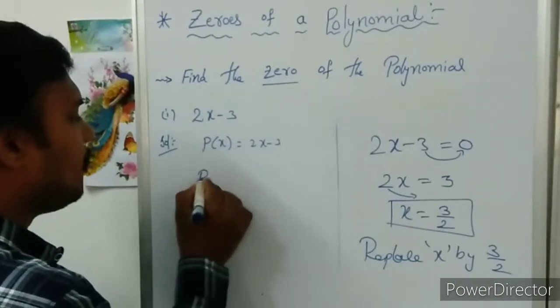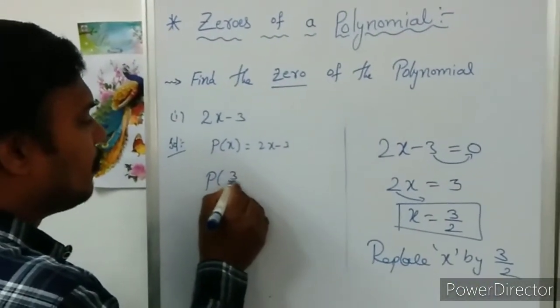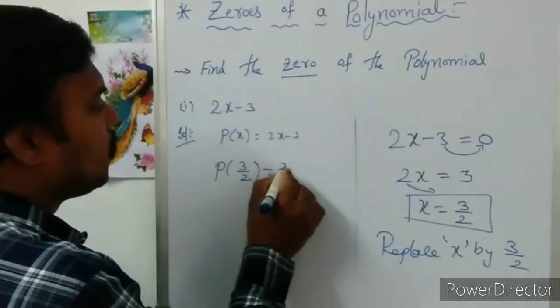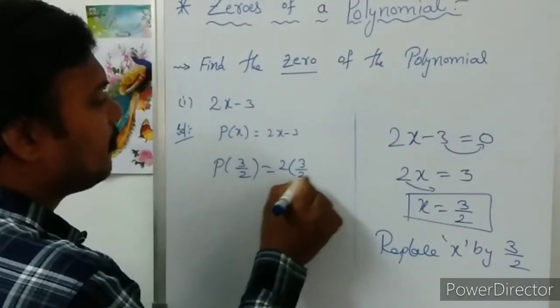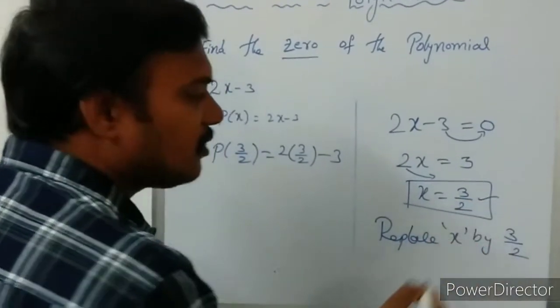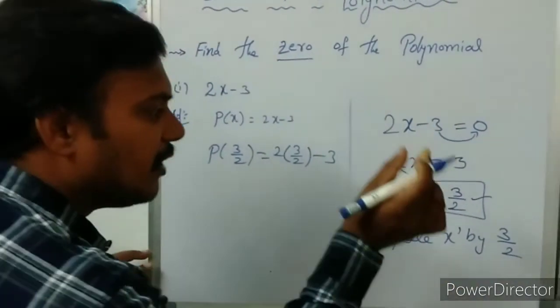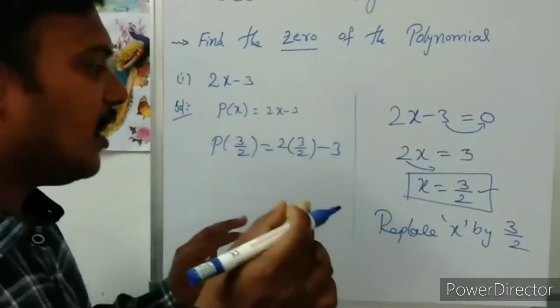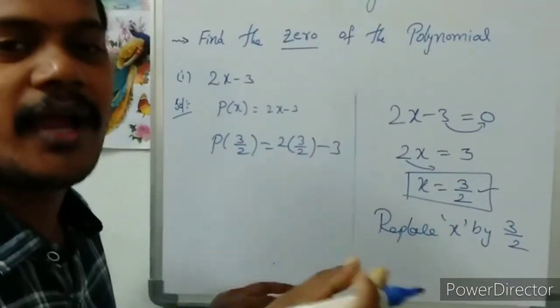Just see p of 3 by 2 equals 2 into 3 by 2 minus 3. Here the value of x equals 3 by 2, so that is the value we have to substitute. We replace x by 3 by 2.